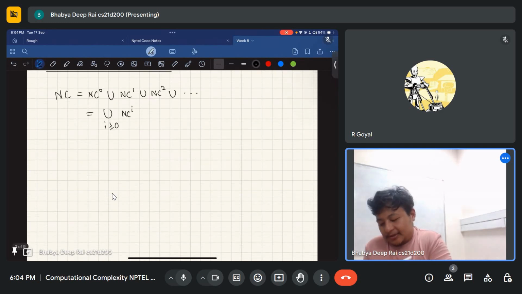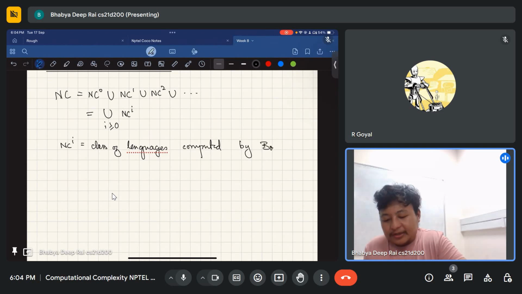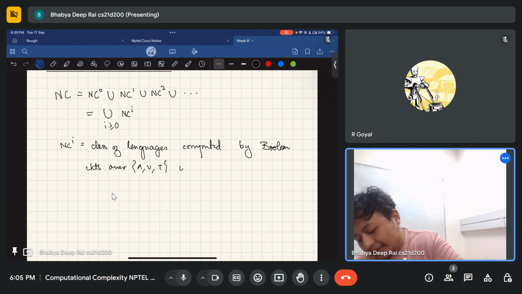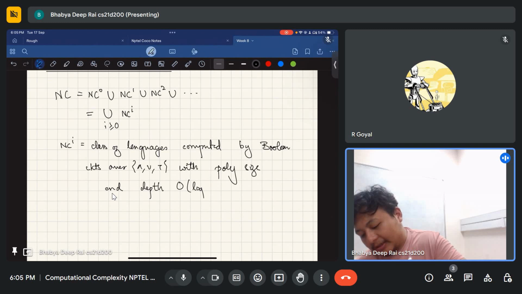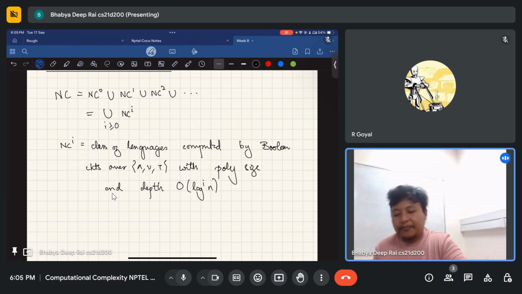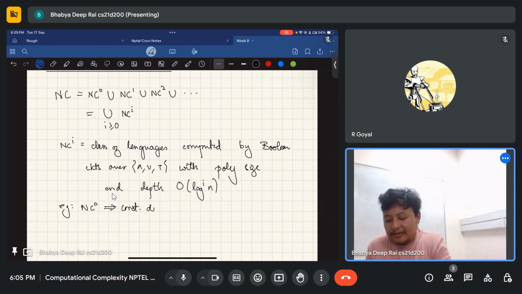Now, what is each NCi? NCi is the class of languages computed by Boolean circuits over AND, OR, NOT, with polynomial size, that is important, and depth O(log^i n). For example, NC0 means constant depth circuits: the language is computed by constant depth circuits.